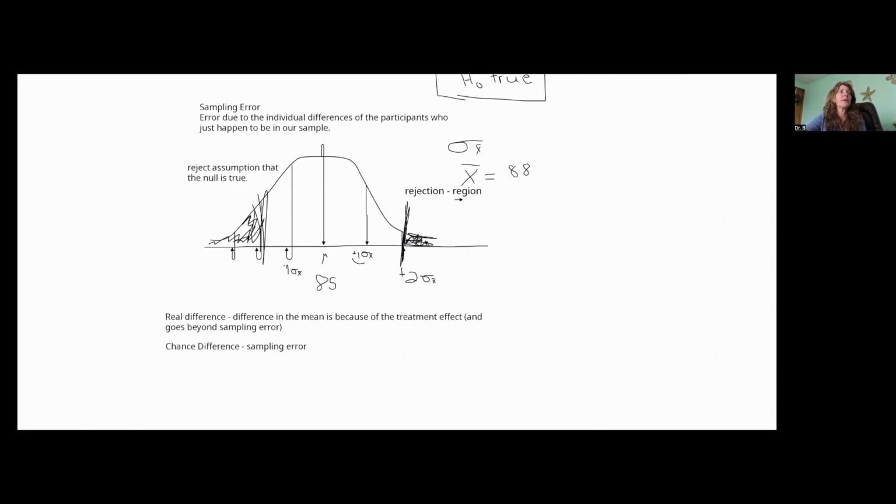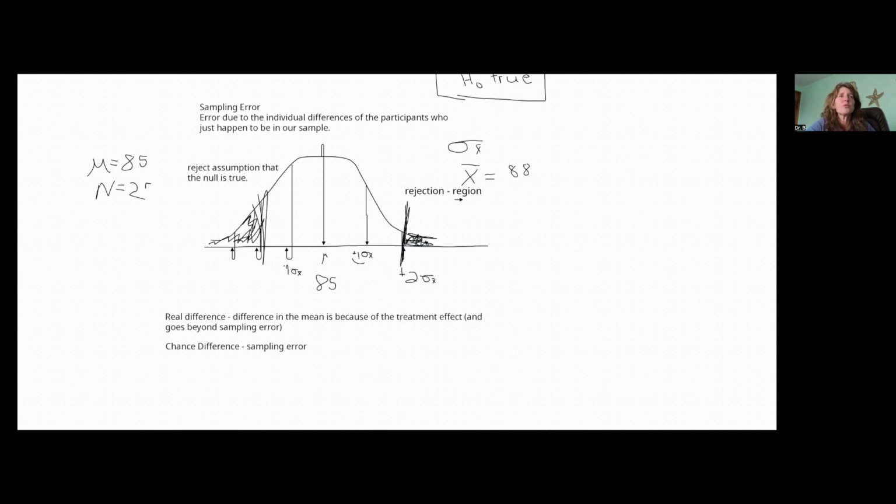So we already know what mu is, right? I'm going to write this over here. Mu equals 85. And we already know what n is. I'm actually going to change the number of n because I want to be able to do a nice, easy square root. So let's do 25.